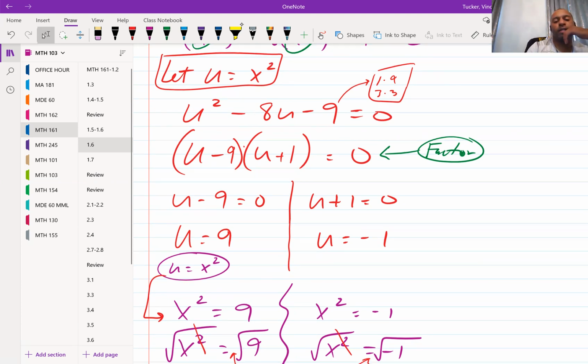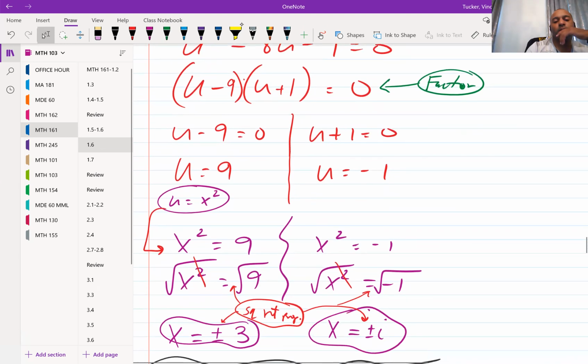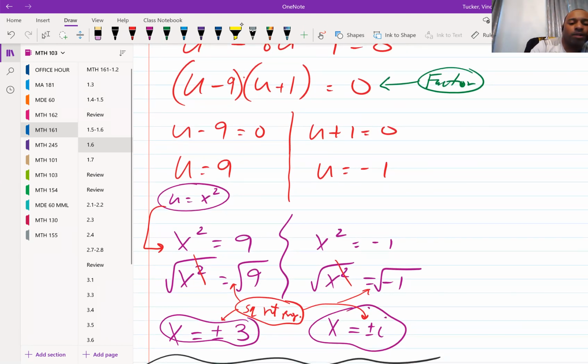All right. Take the square root of both sides. Don't forget your square root property.